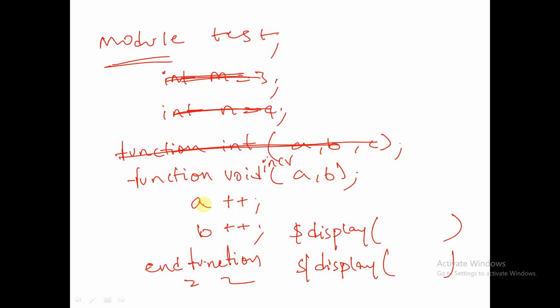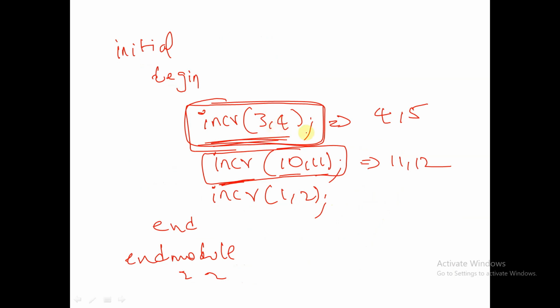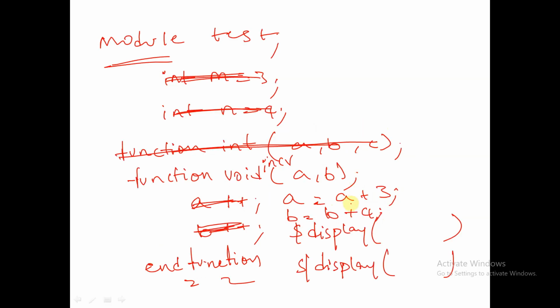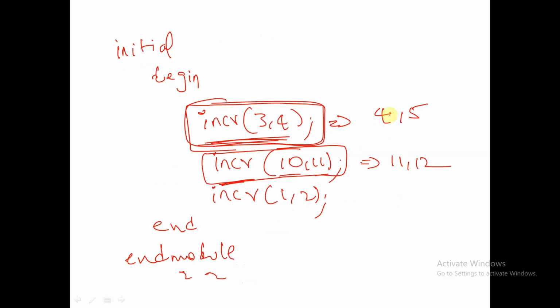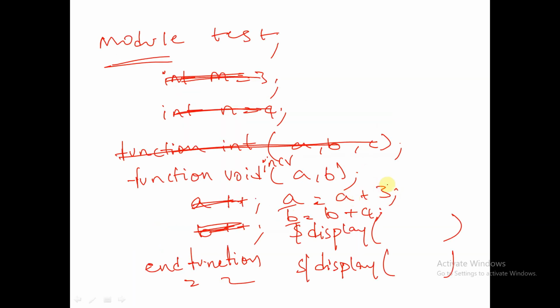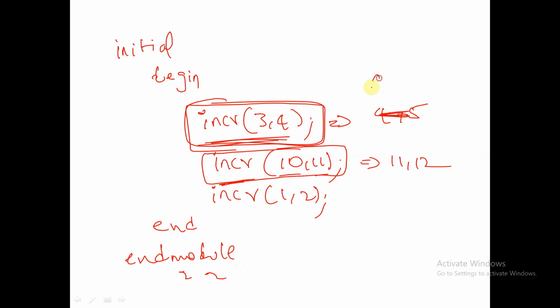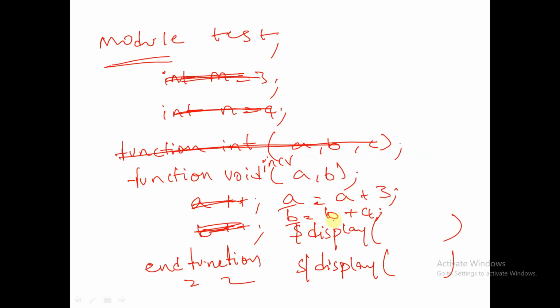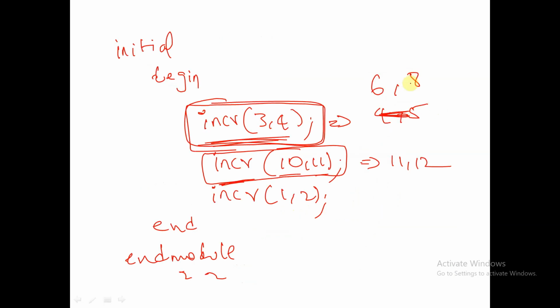With this example, we cannot understand more clearly. I will take a is equal to a plus 3 and b is equal to b plus 4. Now, when I am passing the values of 3 comma 4, what will be the value of a and b? 3 plus 3, which is equal to 6, and 4 plus 4, which is equal to 8.